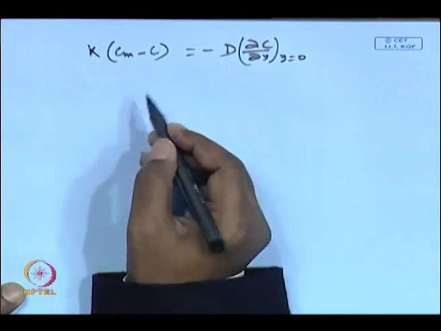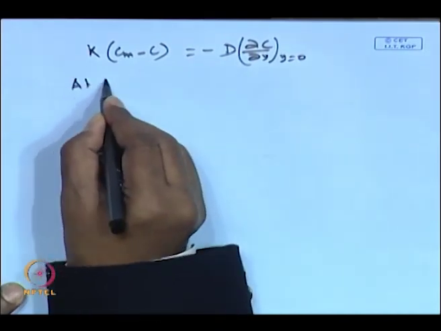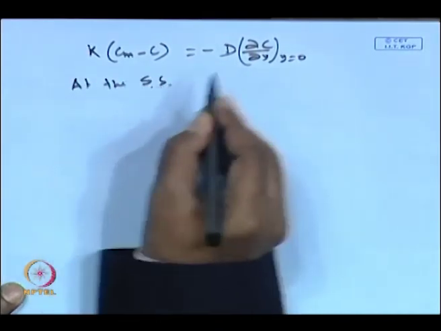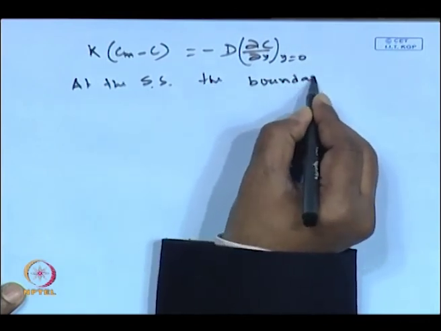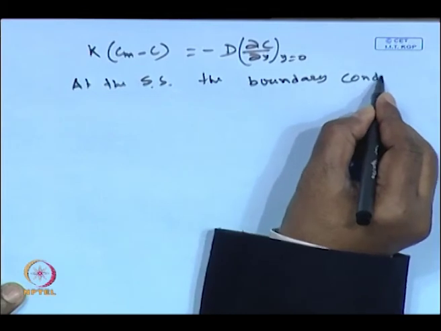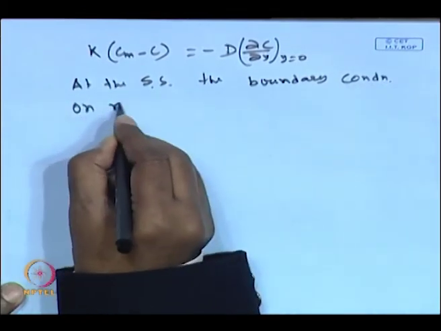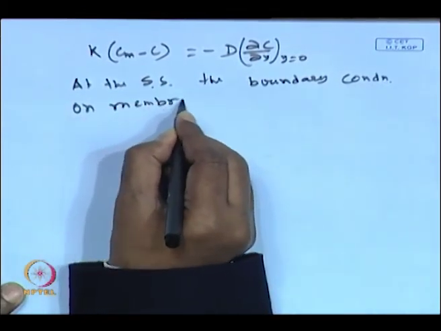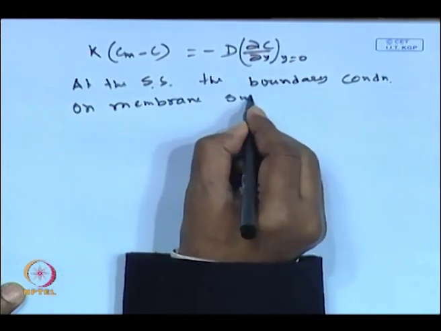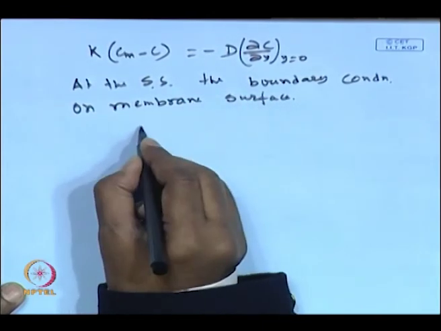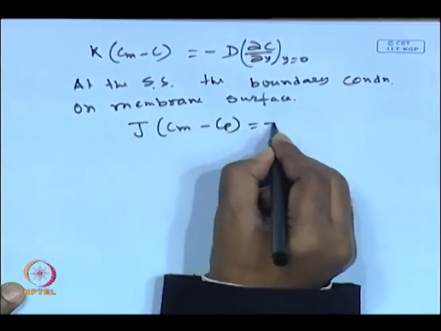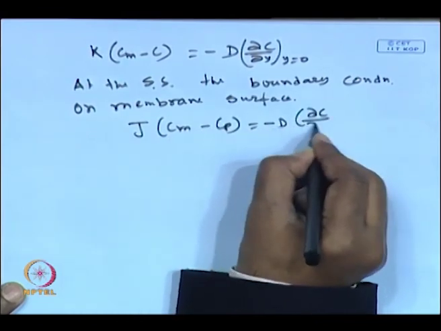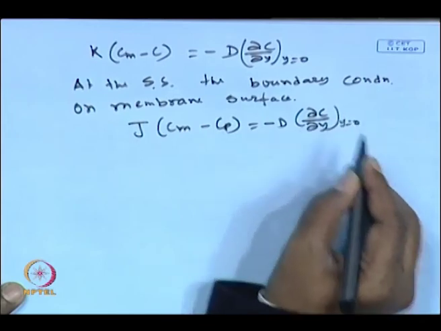Now, at steady state the boundary condition on the membrane surface becomes J times (Cm minus Cp) equals minus D del C del y at y equals 0.